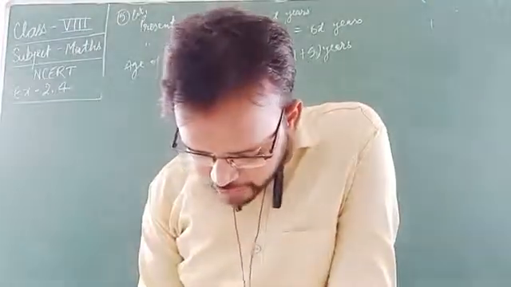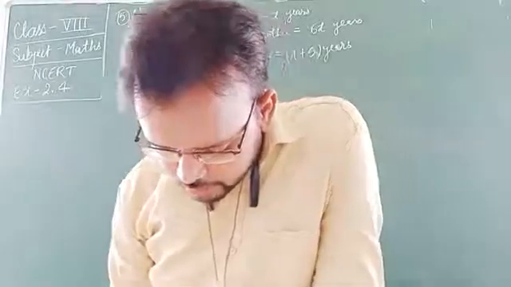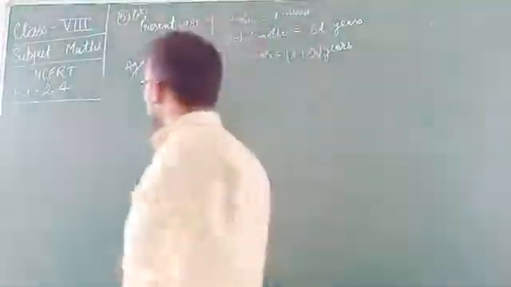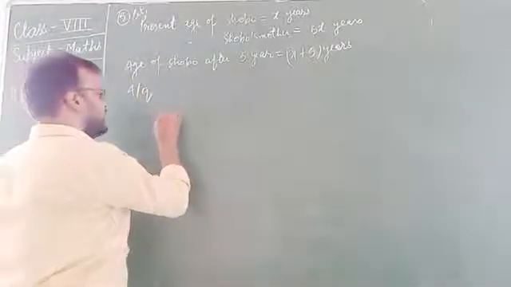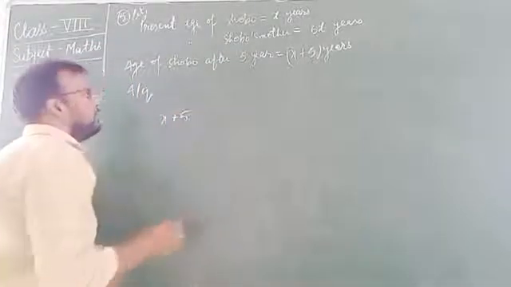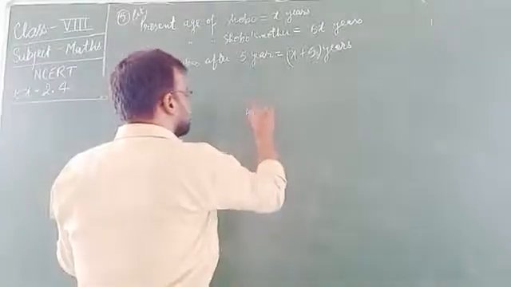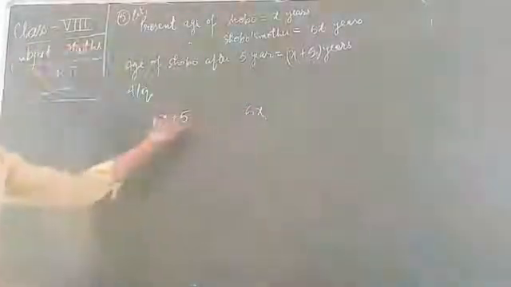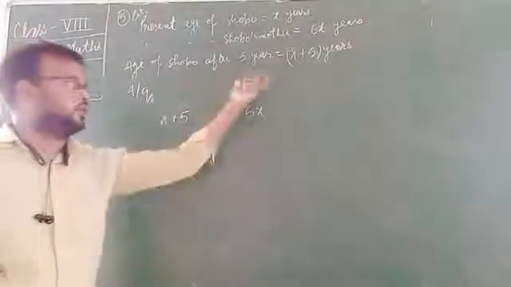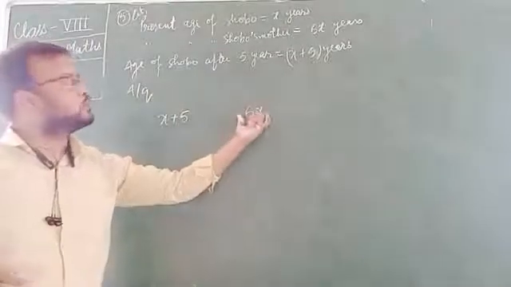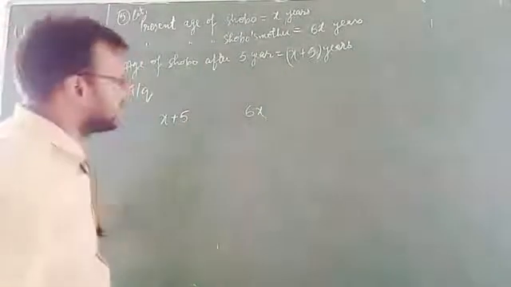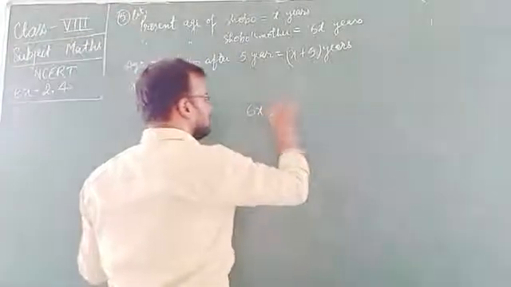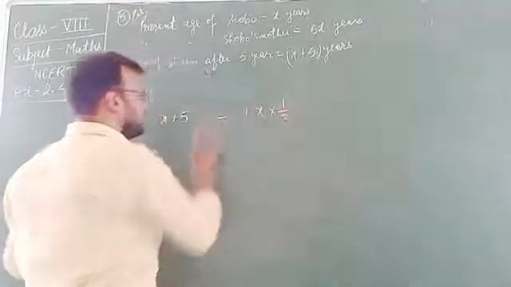Shoboj's age 5 years from now will be 1/3 of the mother's present age. It means according to the question, Shoboj's age after 5 years is x plus 5 and the mother's present age is 6x. It is saying that it is 1/3 of the mother's present age.